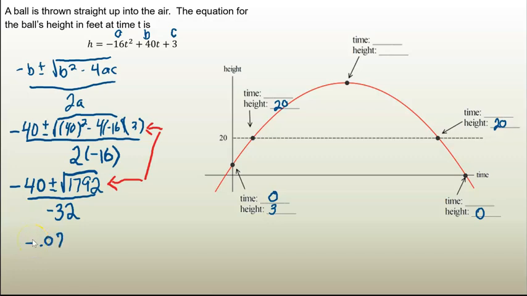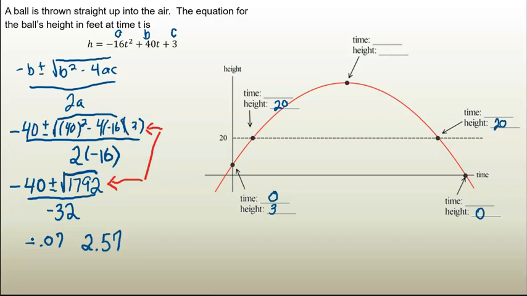Then I plug in the negative part, and my calculator just allows me to reselect the original fraction that I punched in and change that positive to a negative. So these are my answers.